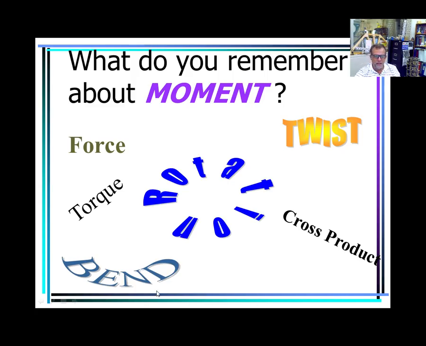Or bending, because you have twist or torque in this way, and then you have bending in this other way, or bending also in that way towards you. Those are bending.